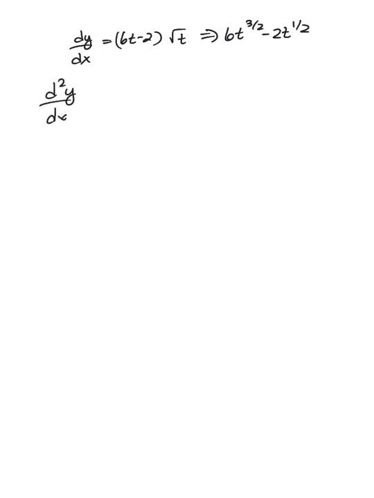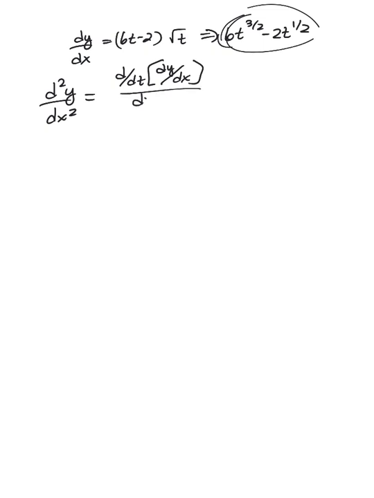Because when I go to get the second derivative with respect to x, I have to first get the derivative of the first derivative, okay, with respect to t. And then I have to divide all that by dx/dt. Now, I already have dx/dt, if you recall. dx/dt was t to the negative 1/2, so I don't need to repeat that.